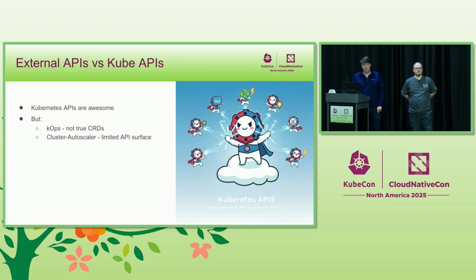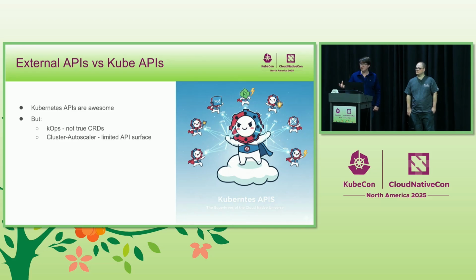Traditionally, the management of nodes has been done with this cluster autoscaler tool. The management of clusters has been done with tools like kOps that are built around pre-CRD thinking. And we think that there's a great opportunity to actually embrace the Kubernetes APIs here, and we see some excellent projects that have started to do that.